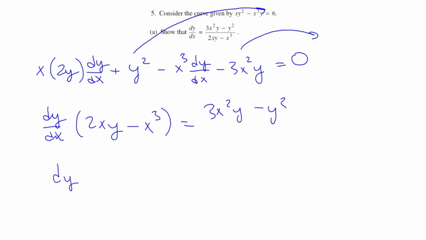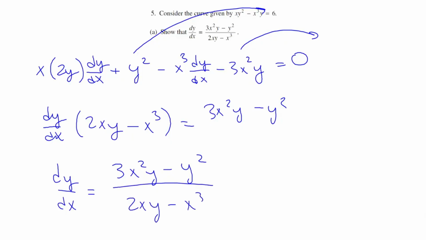And now we'll just divide by the 2xy minus x cubed to show that we get exactly what they said we were supposed to get, 3x squared y minus y squared over 2xy minus x cubed. And that was worth 2 points, 1 for the correct implicit differentiation and 1 for the algebra to get to the verification of what they said the derivative was.